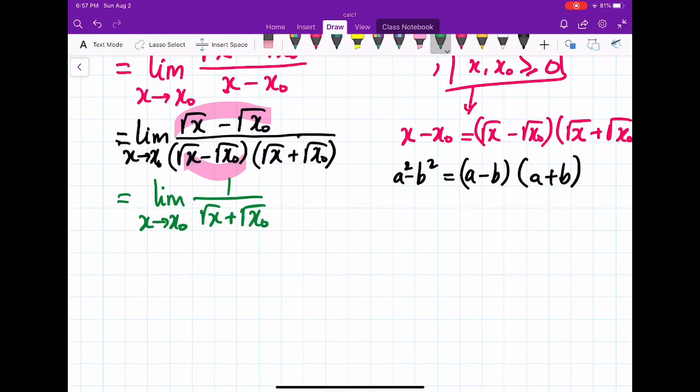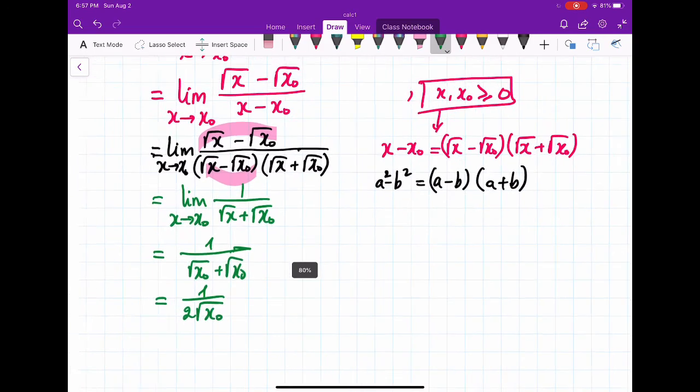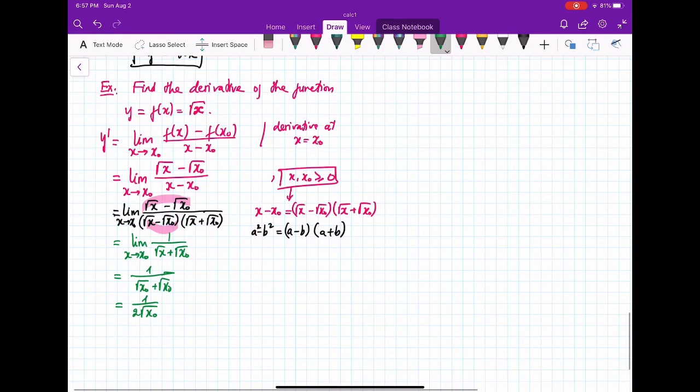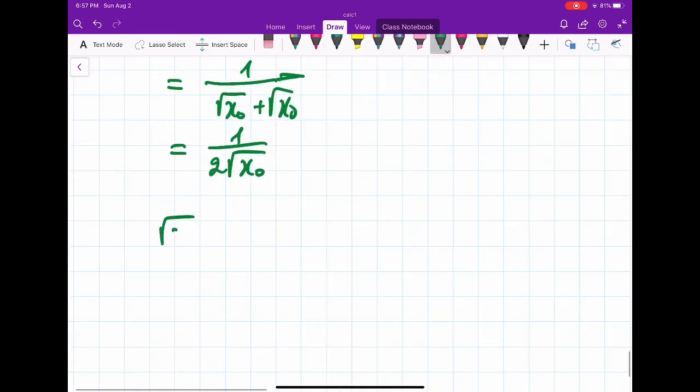Then you plug x0 into the function, so you get 1 over square root of x0 plus square root of x0, which is 1 over 2 times square root of x0. So what does it mean? That means the derivative of this function is equal to 1 over 2 square root of x.